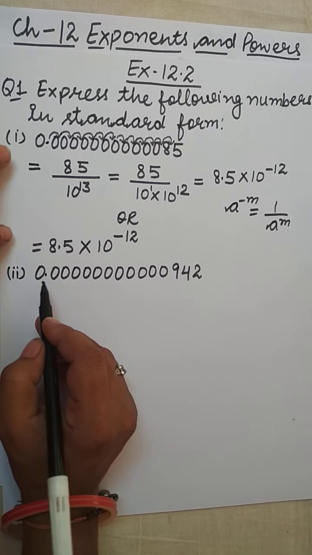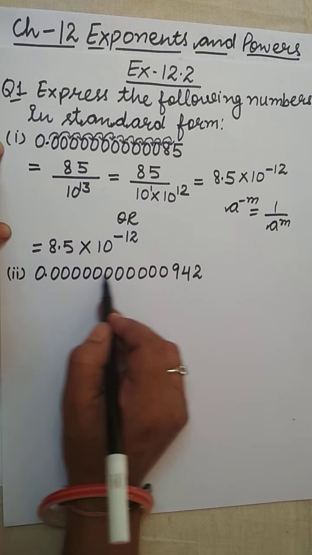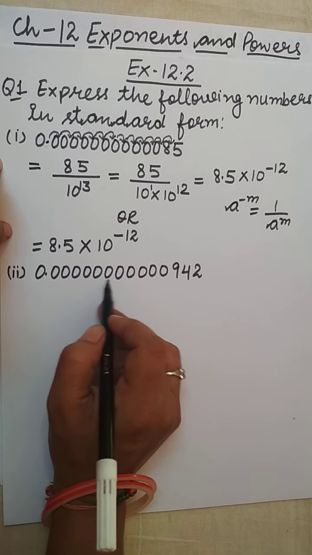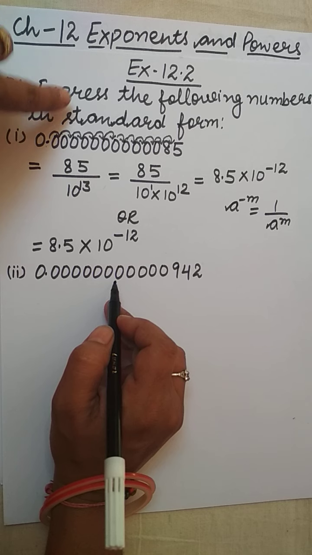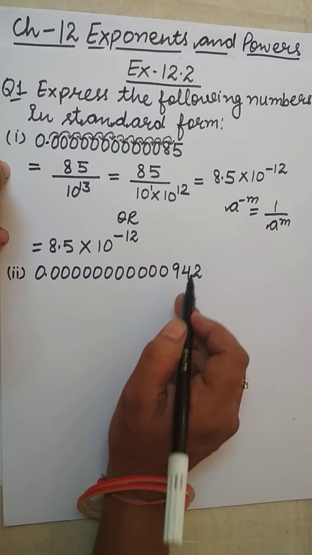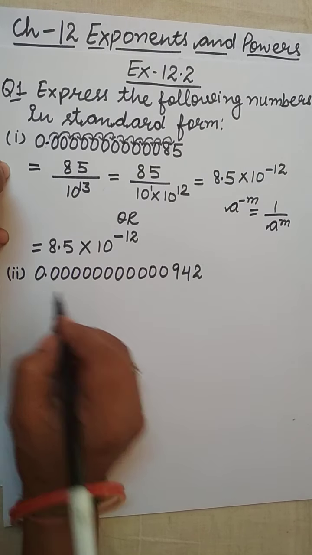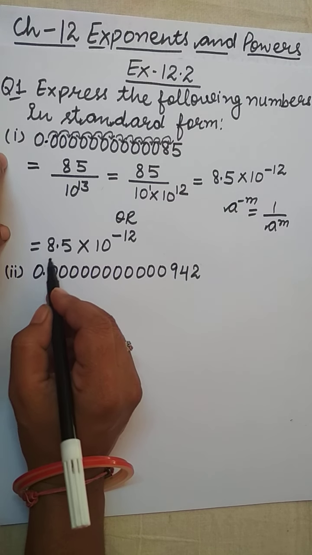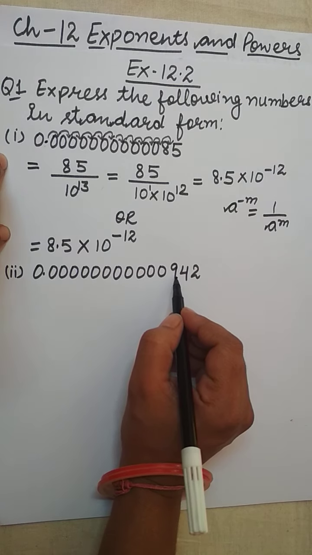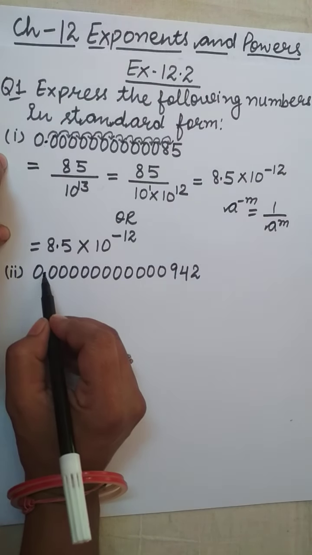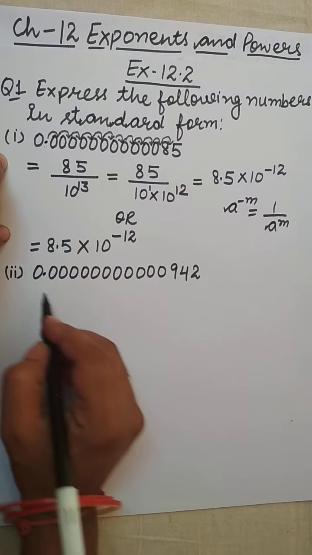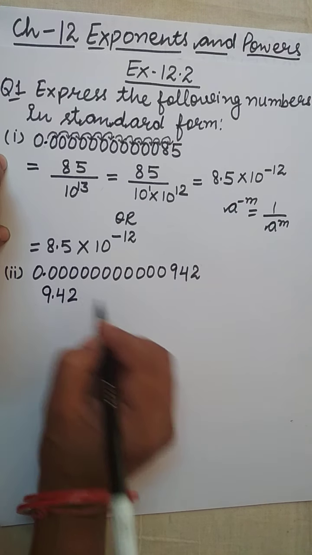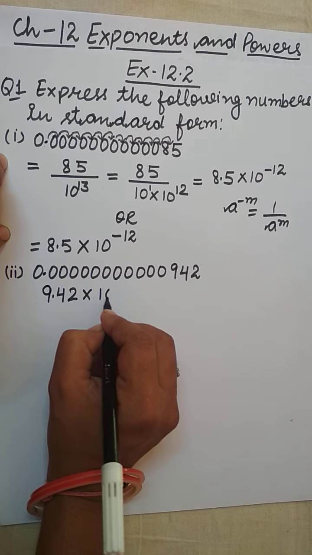Second part is 0.00000000000942. Now again we are to express this number in standard form. If we want to write this number in standard form, we simply count the digits till 9, as we are to shift this decimal after 9. That is, I want to write it as 9.42 into 10 raised to power.